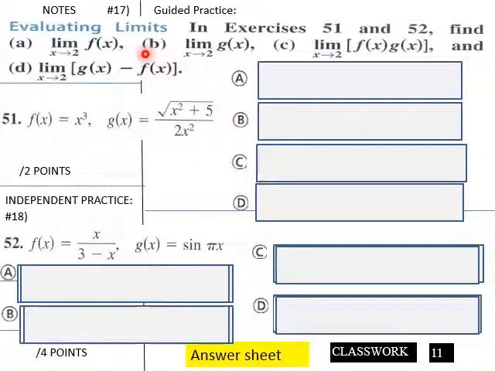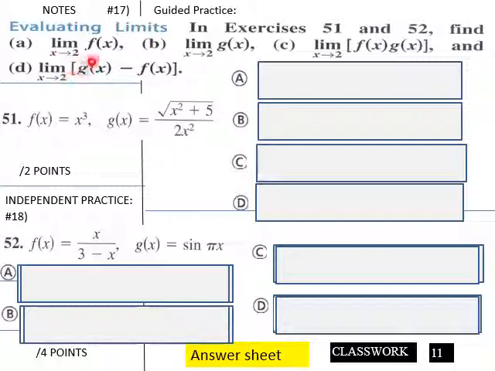So let's try one here. In this one up here, we have to find A, B, C, and D. Limit A here is as x approaches 2 for f of x, where f of x equals x cubed and g of x equals radical x squared plus 5 over 2x squared.